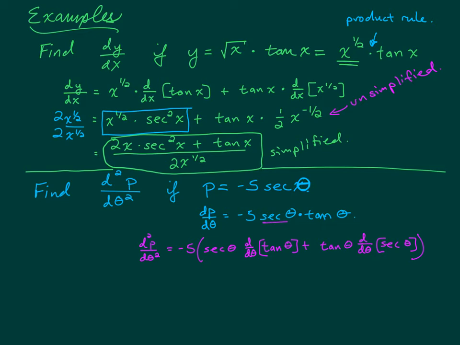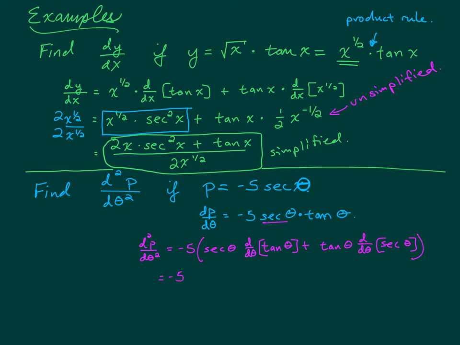And what we need to do now is very similar to what we did up here. All we have to do is take these little derivatives to get our final answer. And maybe we have to simplify. Let's see what happens here.